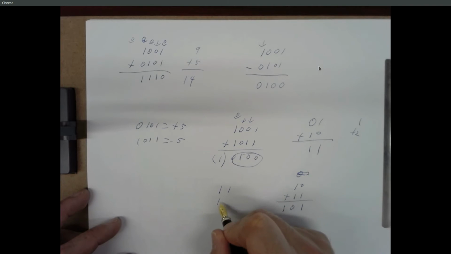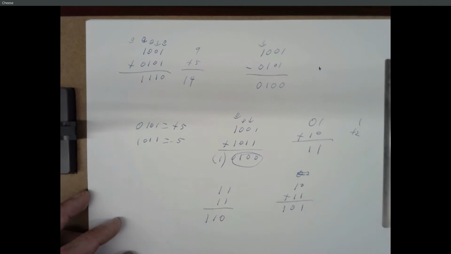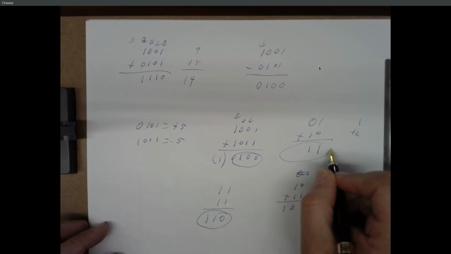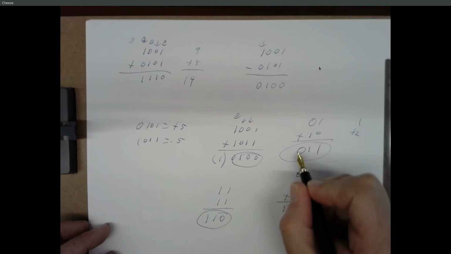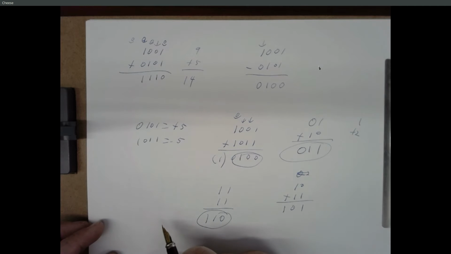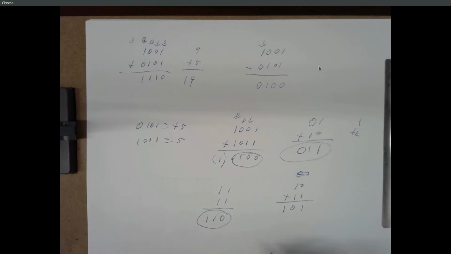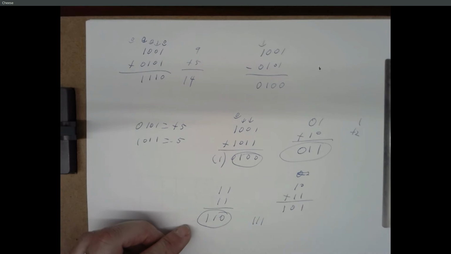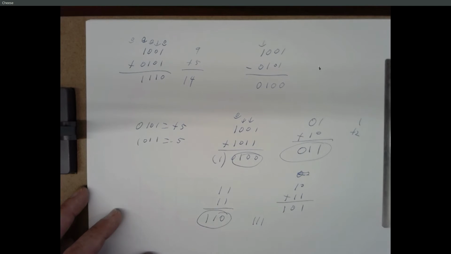And if you do 3 plus 3, that gives you 6. So it looks like we need at most 3 bits of output, right? If our sum is just 3, as 3 bits, that's 0, 1, 1. But the biggest numbers we could possibly add would be 3 plus 3. The biggest sum we're going to get is 6. And 6 fits in 3 bits. In fact, there's nothing that'll ever add up to 7, but that's okay.